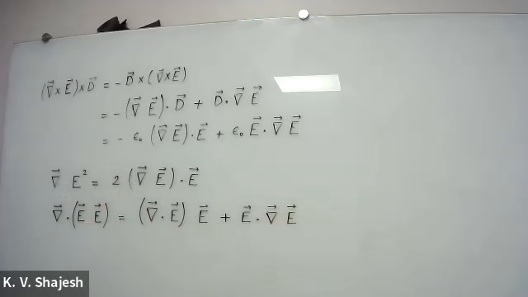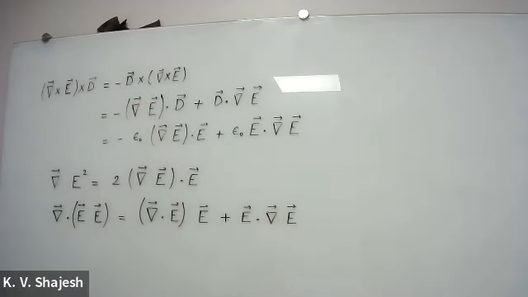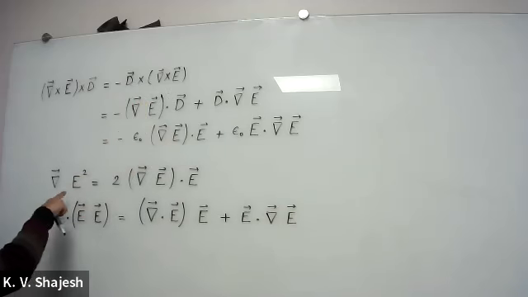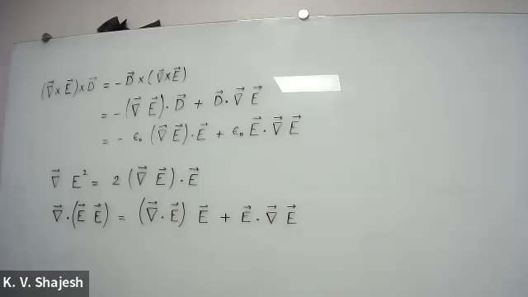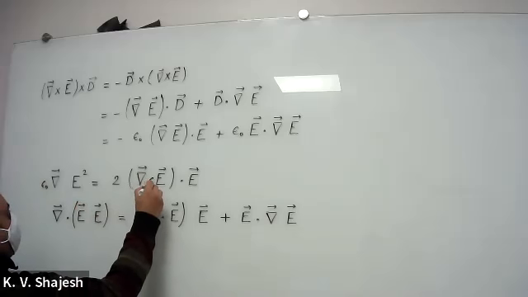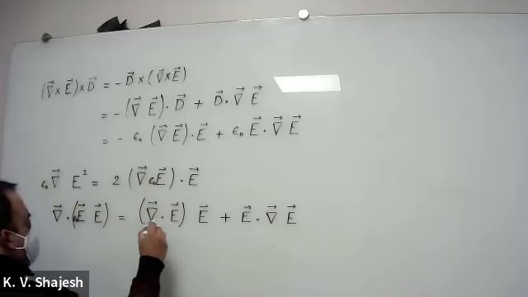Once I have that, we can go back and think in terms of E and D. So this is the same as if I were to put in an epsilon naught, that becomes an E dotted with D. Right? So put in an epsilon naught everywhere. Let's say epsilon naught here, and put in an epsilon naught here also.